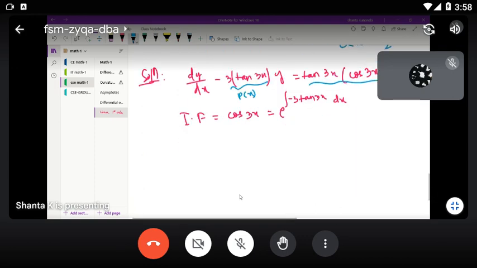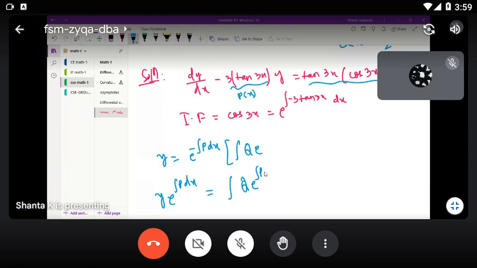So then you find out the solution. See, it's up to you. In some solutions, you may find it of this form, p dx, and this is equal to q. In some books you find it of this form. So I've written in the UI form.